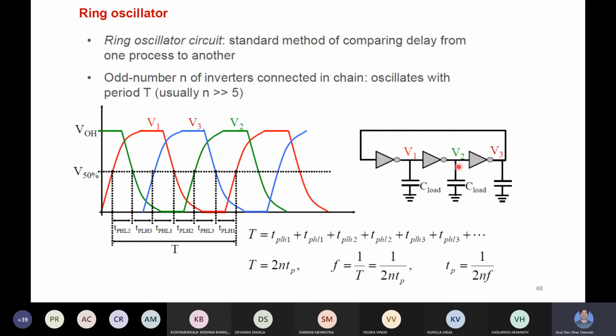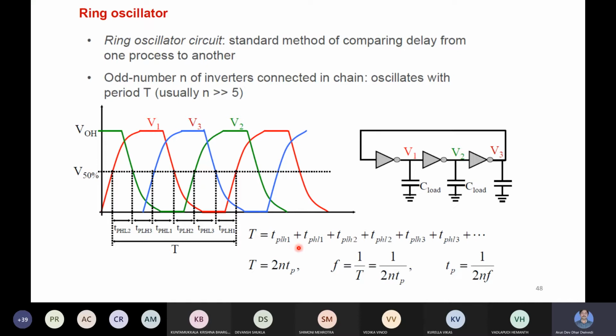But for this whole three-stage ring oscillator circuit, where three inverters are connected, all is divided by 2, which will give you TP. TP for one stage is calculated as TPHL plus TPLH by 2.